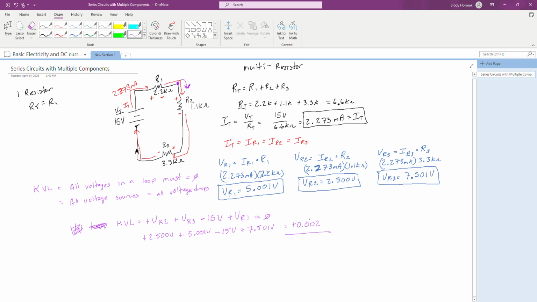Now, for all intents and purposes, we know that in math, 0 does not equal the same thing as 0.002. Mathematically, this is true. They are not equal. But for what we're doing, a variance of 0.002, when we're looking at the most significant digits, is one decimal place right here, 7.5 or 2.5, really.